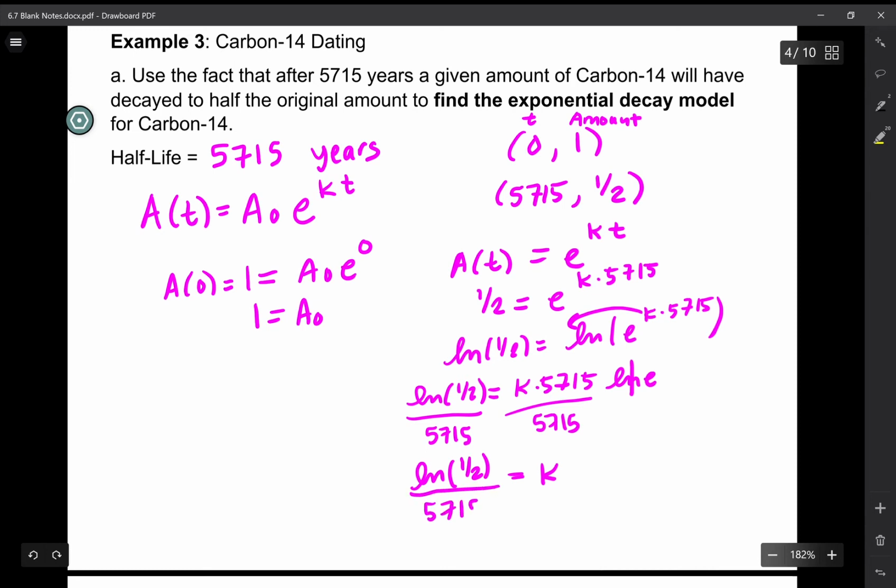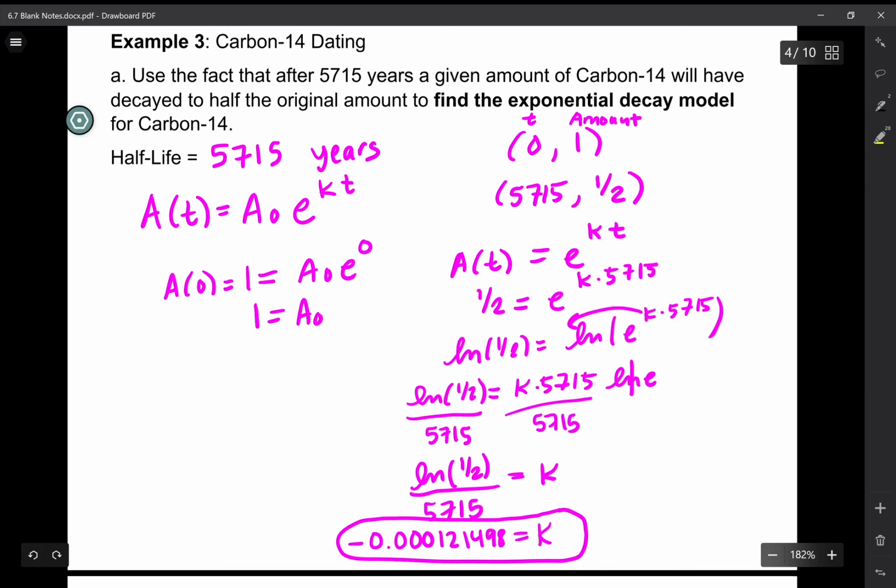Since this is a story problem, I'm going to get a very good decimal approximation for this. So we take natural log of 1/2, and we divide that by 5715, and I get k equals, and remember this is decay, so we're expecting it to be negative, 0.000121498. I'm actually going to go ahead and write that all down, just because I want this to be as accurate as I possibly can.